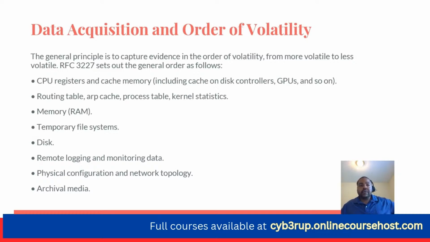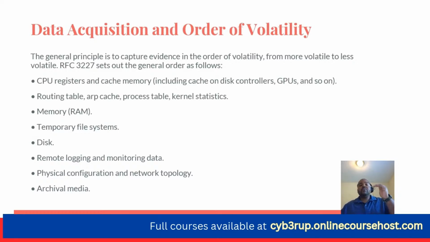So this order here will show from top to bottom which is going to lose the data first. I want to say cache, but cache is something of its own. So I want to say it has the memory of it.